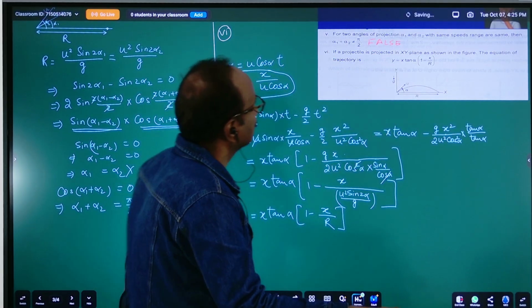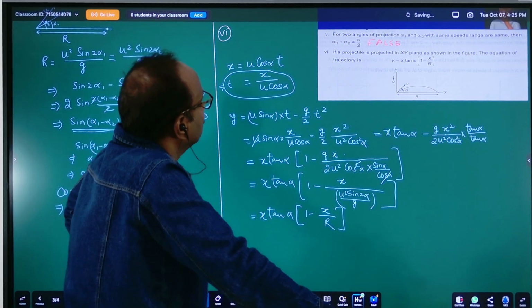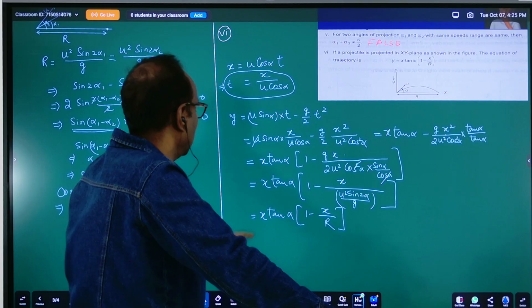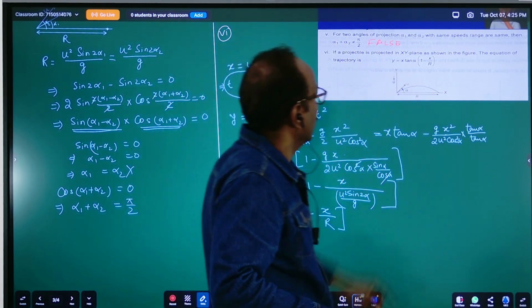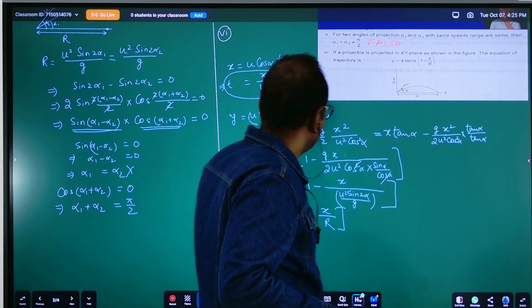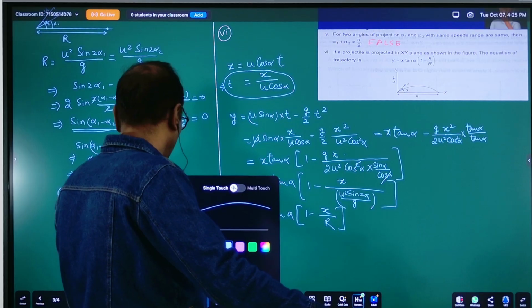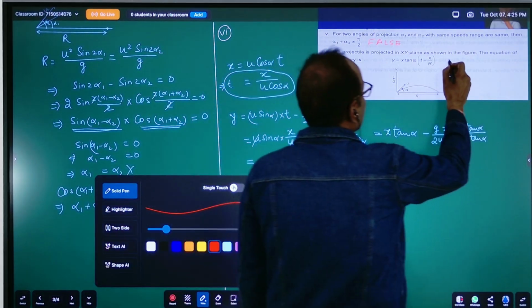Checking, question number 6 is saying the same thing, it is matching. So the number 6 statement is true, and we can mark this as true.